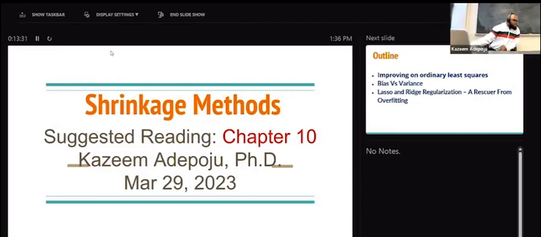We call this method a shrinkage method. Do you remember the other time when I introduced it in variable selection? One of the approaches in variable selection is that we have an approach that can shrink the regression coefficient to 0, and we have an approach that will not shrink it to 0.